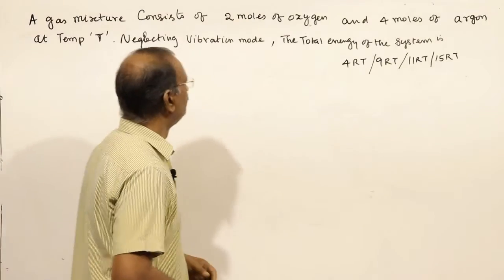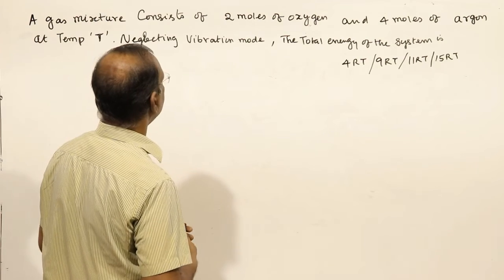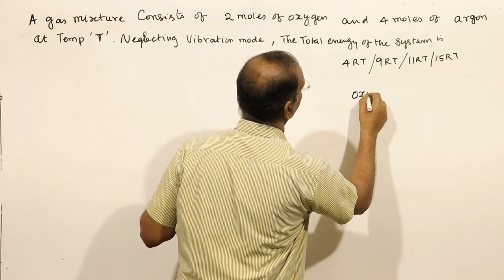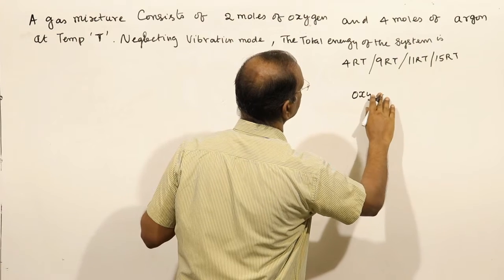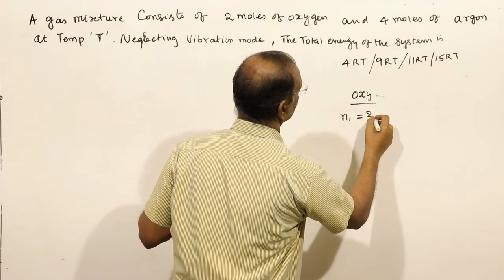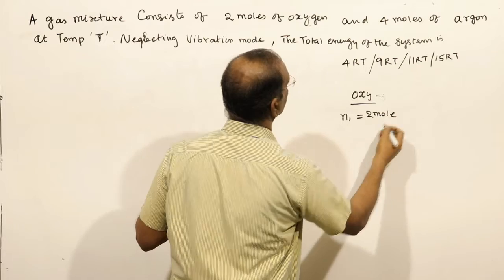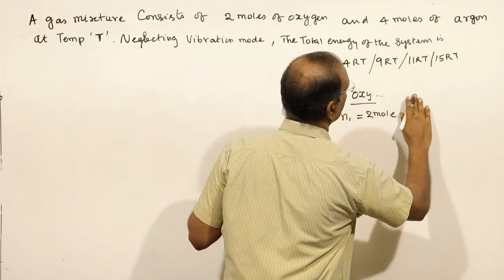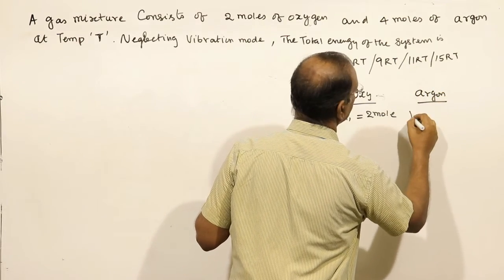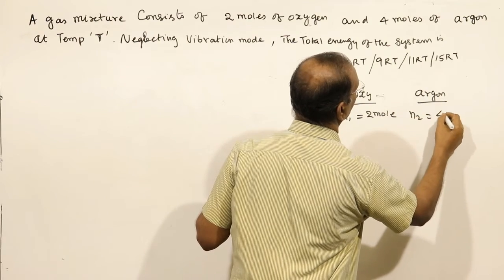In this numerical, a gas mixture consists of 2 moles of oxygen. We can call this N1, which is equal to 2 moles, and argon, we can call this N2, which has 4 moles.